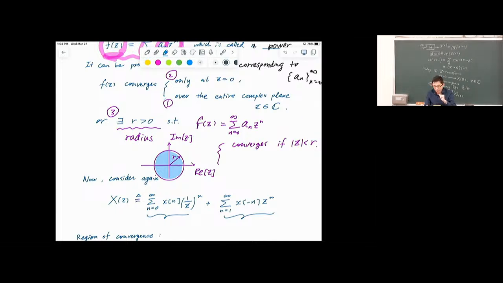From that radius, we define a circle, and it turns out that we can identify one such circle so that the series converges inside and diverges outside. Okay, and let me finish writing. And diverges outside.